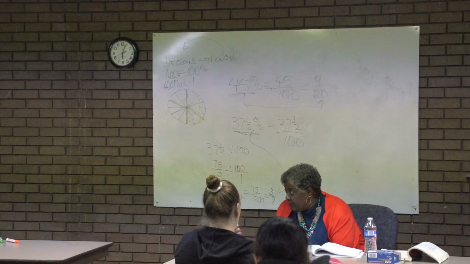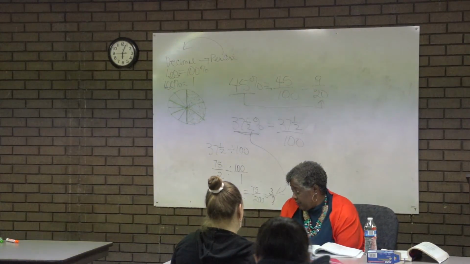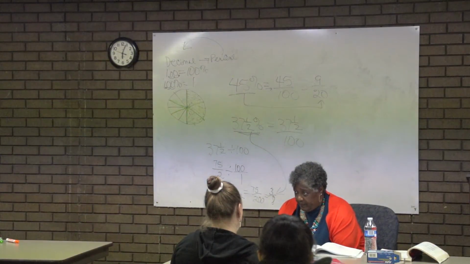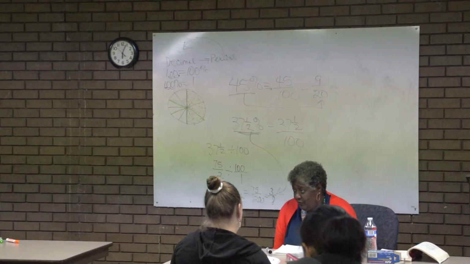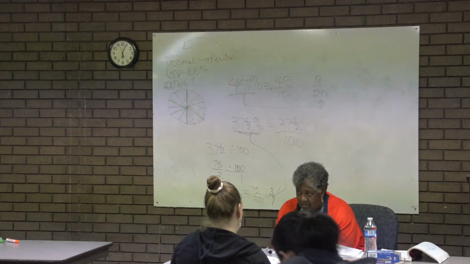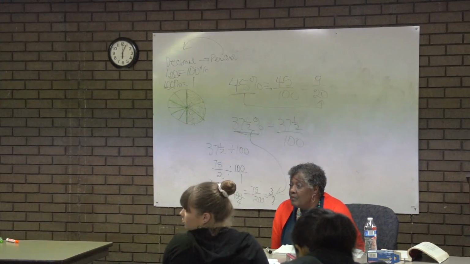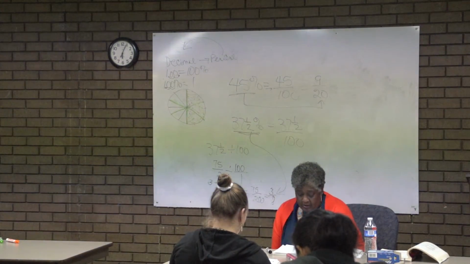You didn't add that 1, it should have been 250 over 300, then you gotta reduce that. You had 249 as well? I don't think I have it right. What do you have? I had 83 over 100.